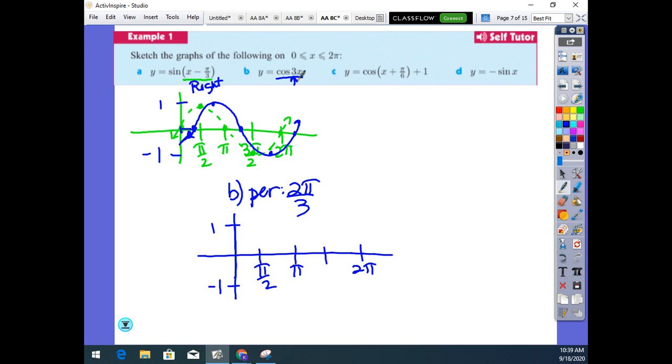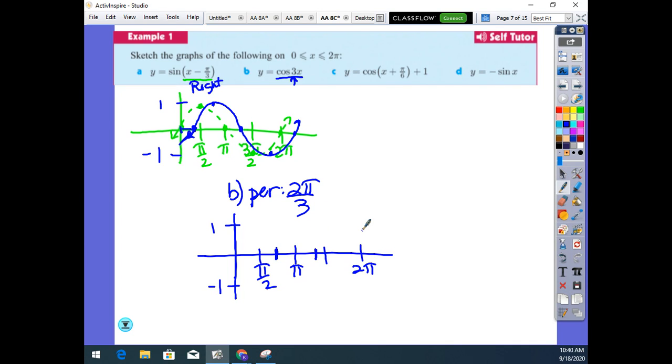And I'm going to complete my first cycle by 2/3 pi. So I'm going to break it up into thirds. So then 4/3, so 1 1/3. So here's my cycles. My first cycle, my second cycle, my third cycle.